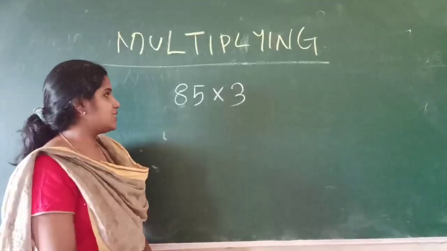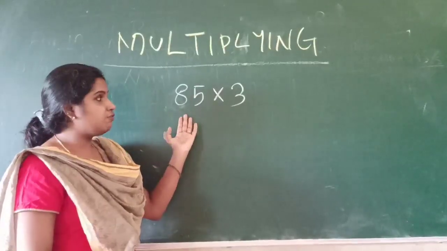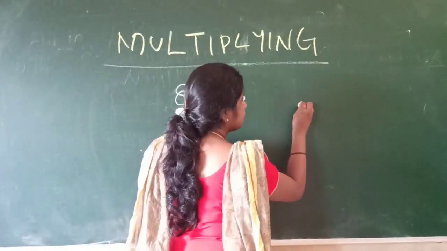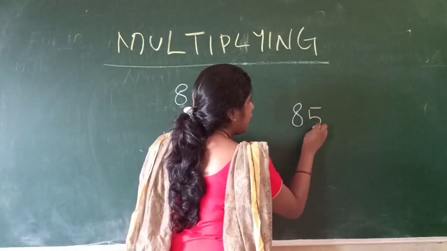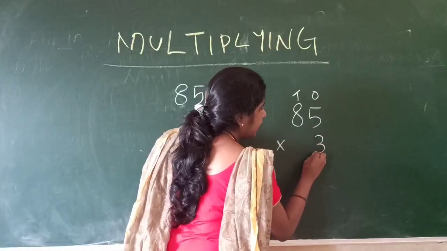Next example is 85 into 3. First we will write 85 into this 3 here.